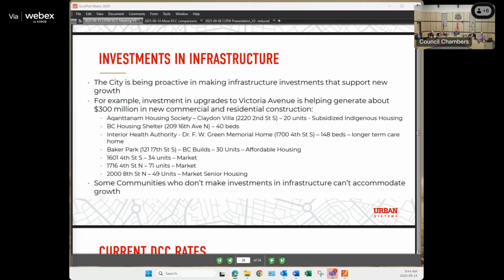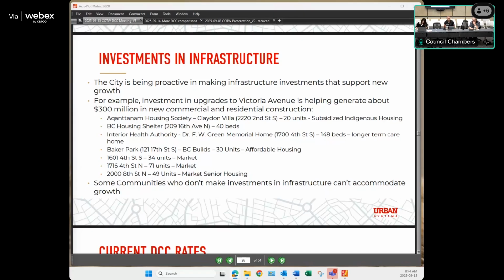So for clarity, the work happening right now on Victoria Avenue is the sewer trunk extension. And that sewer trunk, once it gets to just south of 2nd Street North, then diverges away from Victoria Avenue as a road and moves in behind the soccer dome through Balmont Park, along 17th, and then over to Baker Park and along 15th Avenue.